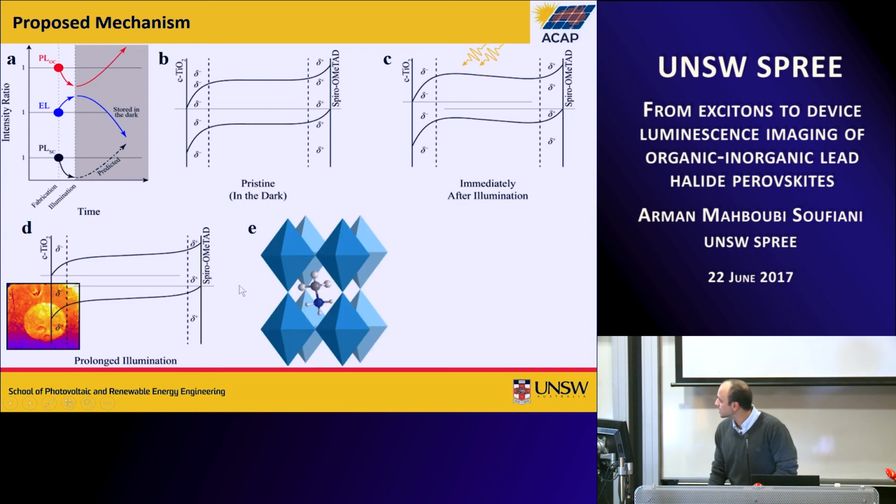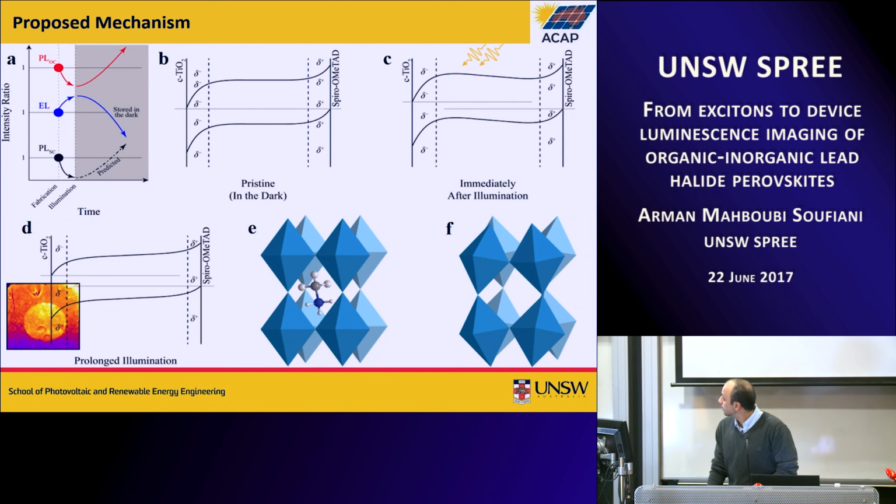Yeah, I have explained this by ion migration. I showed you initially that this is a perovskite structure. You have methyl ammonium in this cuboctahedral space. When you illuminate it, when you bias the device, the organic cation, the methyl ammonium, can move out. It can distort the perovskite. Perovskite is a very soft ionic solid, at least the methyl ammonium lead iodide.